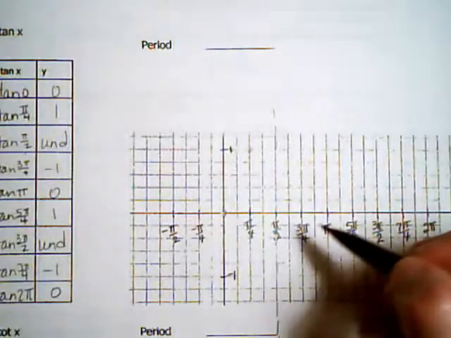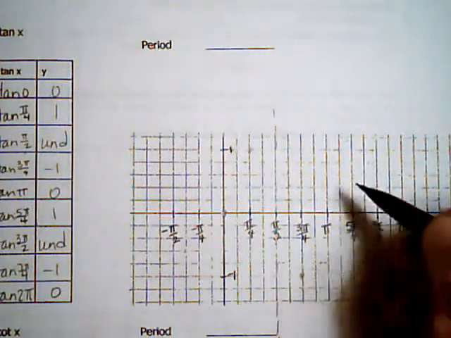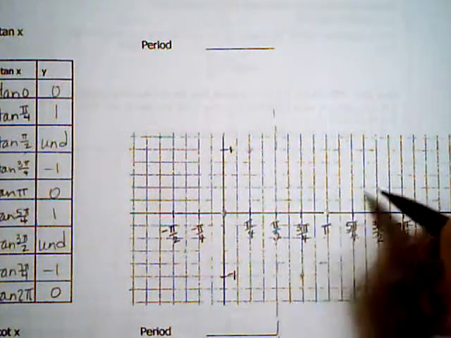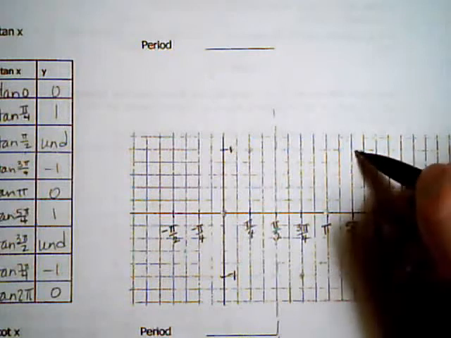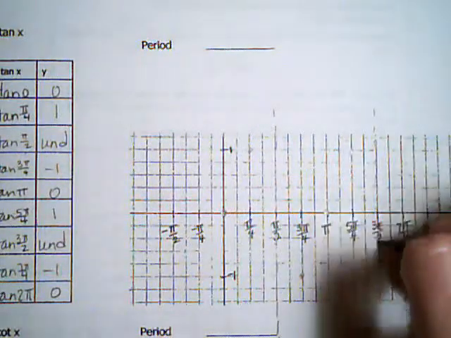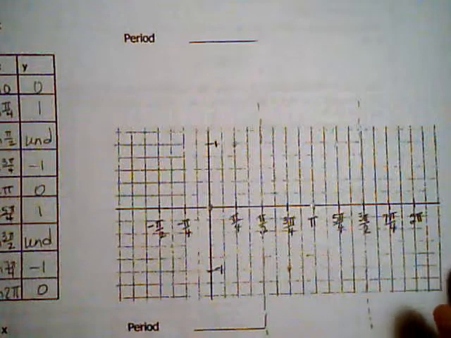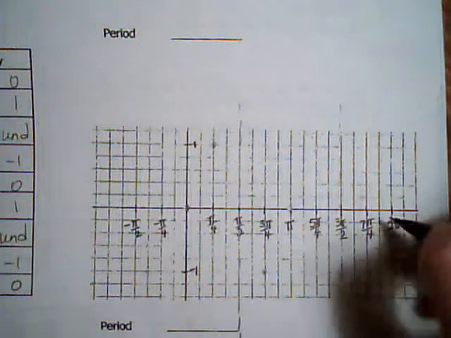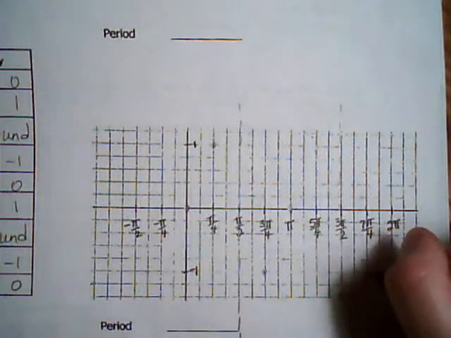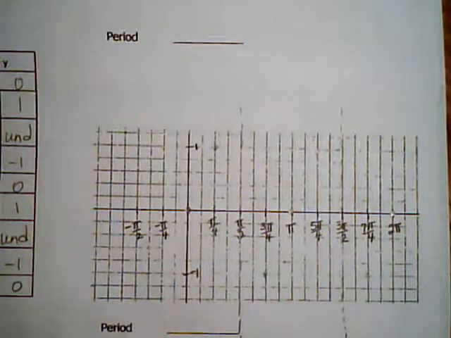And 3 pi over 4, y value is negative 1, pi is at 0, 5 pi over 4, positive 1, vertical asymptote at 3 pi over 2, or undefined, 7 pi over 4, it's negative 1, and at 2 pi, the y value is 0.